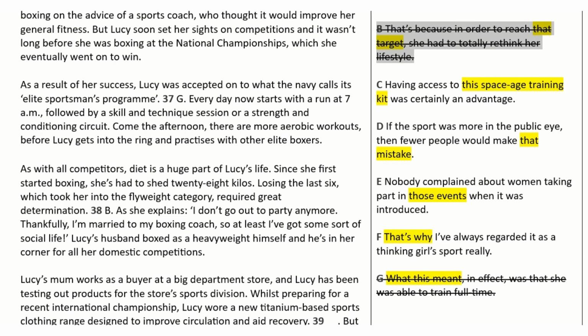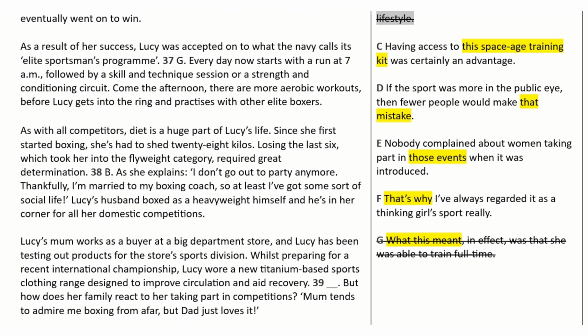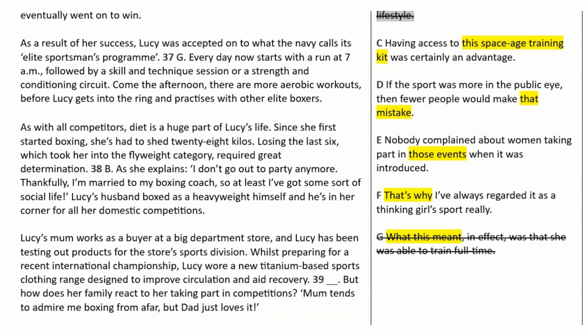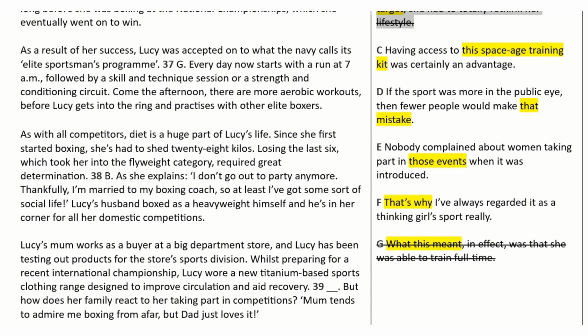Moving on, sentence C, with its talk of space age training kit, goes in gap 39. So it reads, Lucy wore a new titanium-based sports clothing range designed to improve circulation and aid recovery. Having access to this space-age training kit was certainly an advantage.